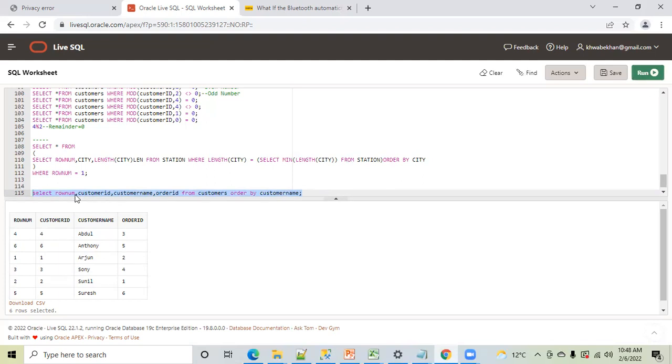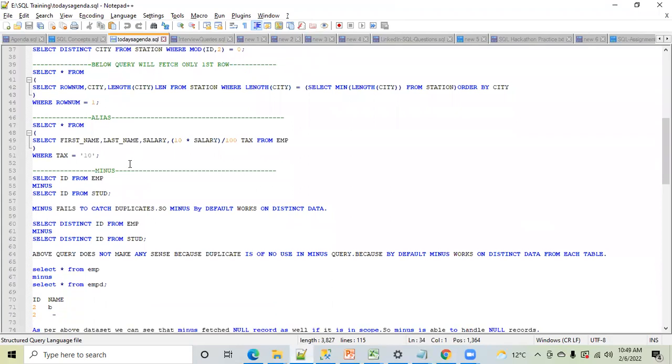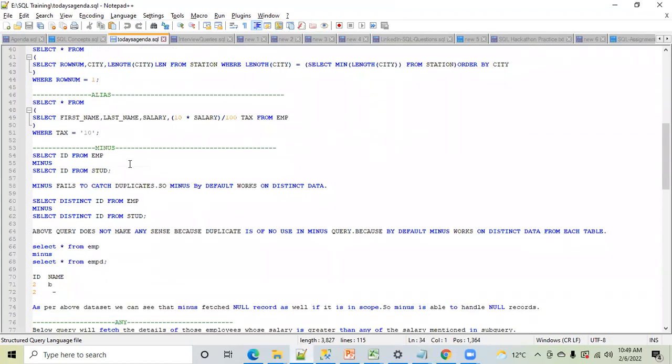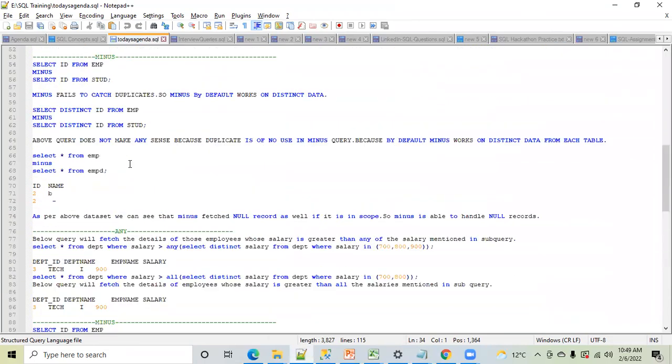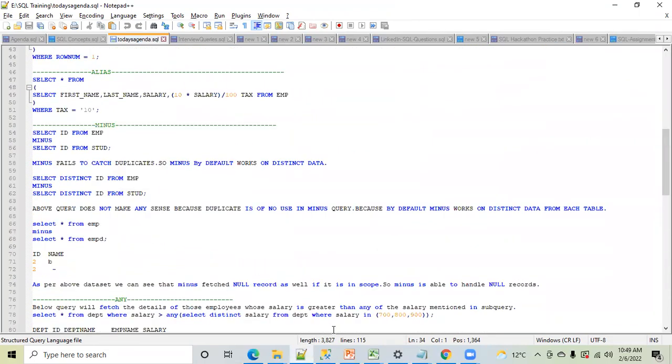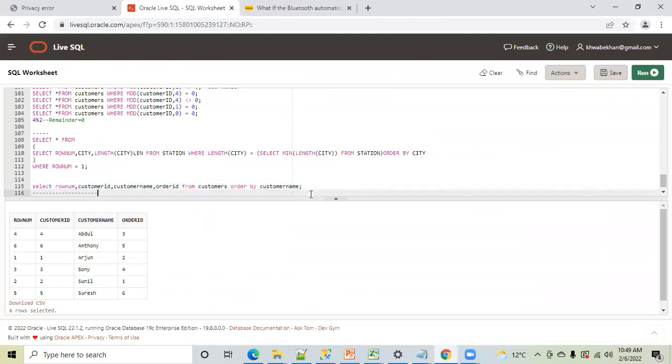Leave this, I will tell you this from another database. This is not behaving correctly. Alias I've told, minus I have to tell you. Any all minus is important. Okay, let's come to this minus. This row number I will tell you from another platform. I think this is not giving the correct result yet.